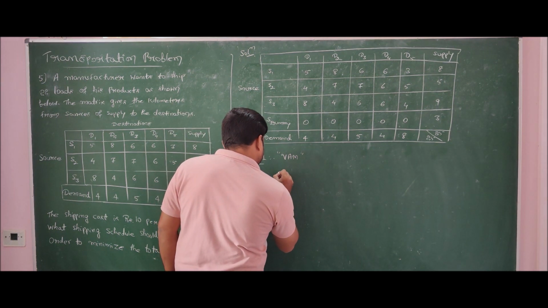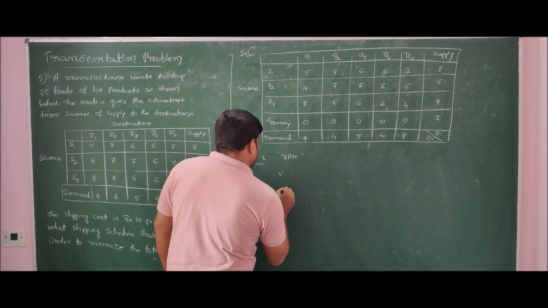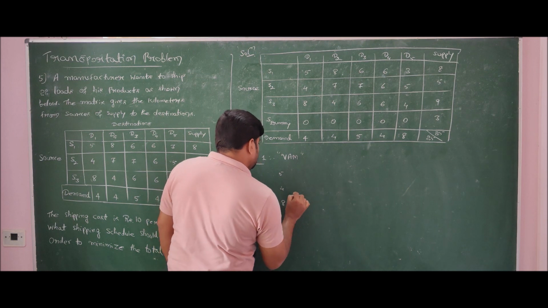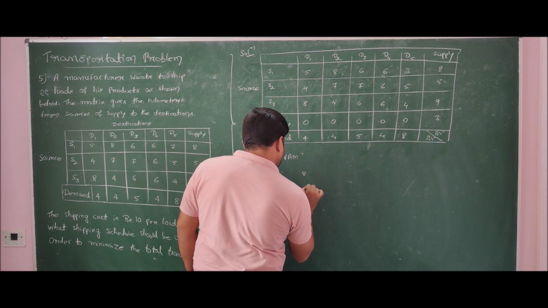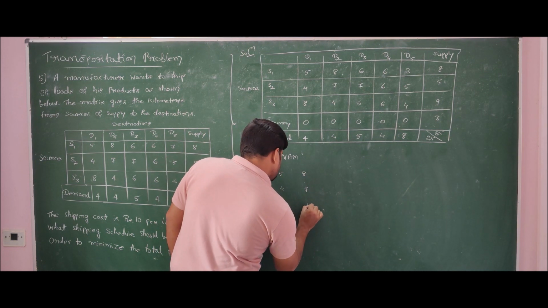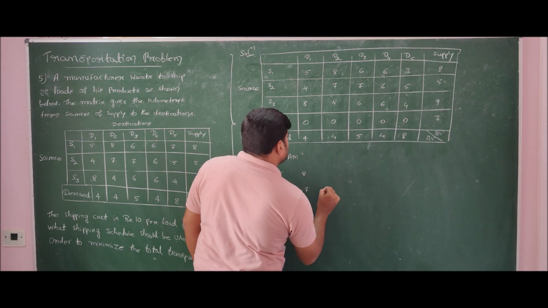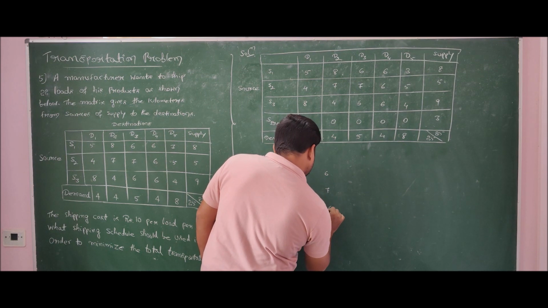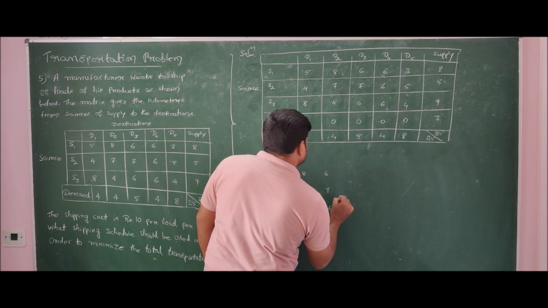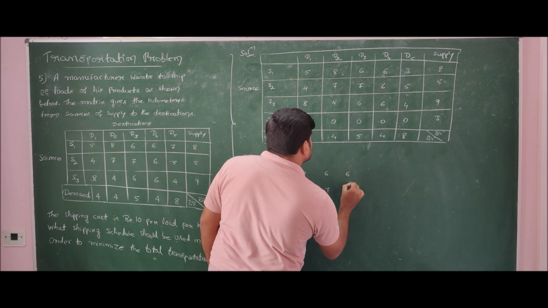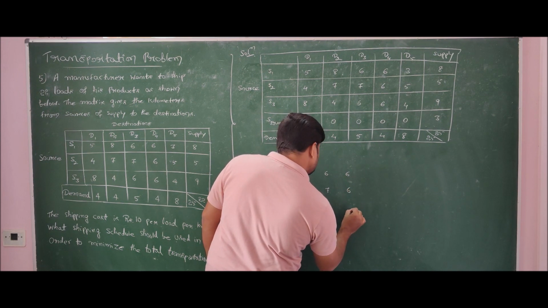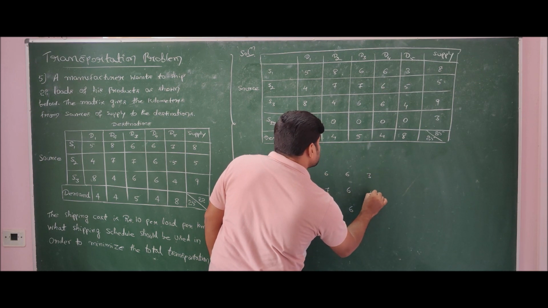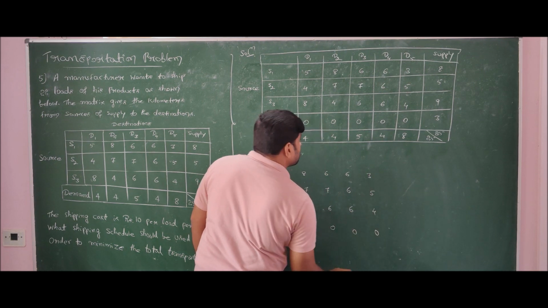So that will be 5, 4, 8, 0, then we have 8, 7, 4 and 0, then we have 6, 7, 6, 0, then we have 6, 6, 6 and 0, then we have 3, 5, 4 and 0.